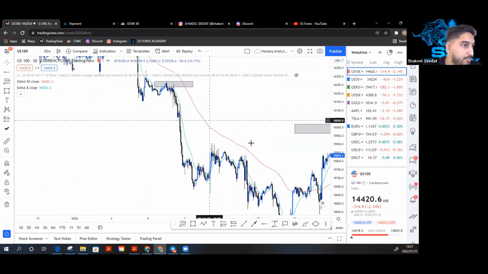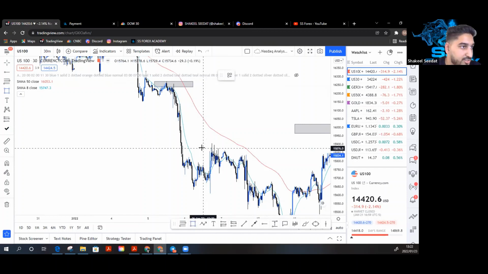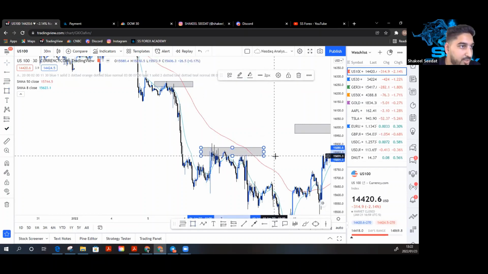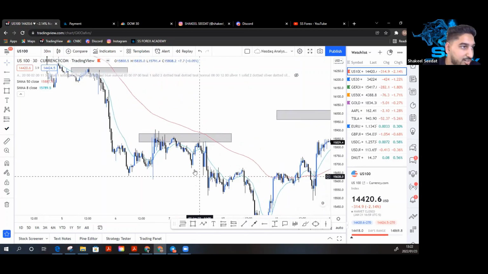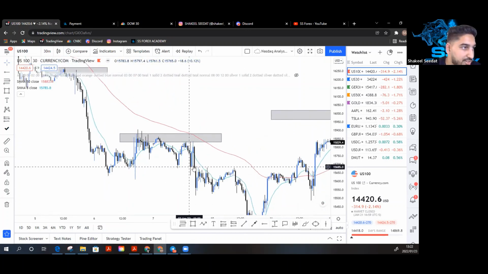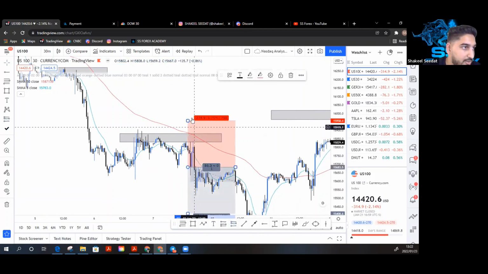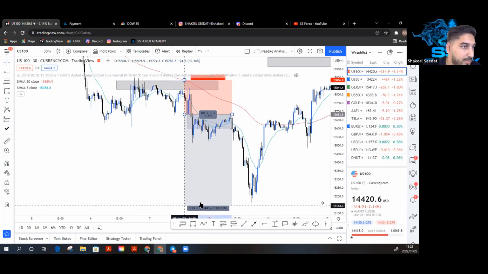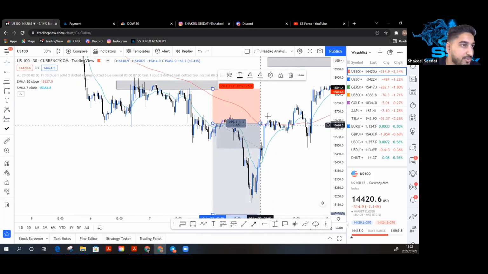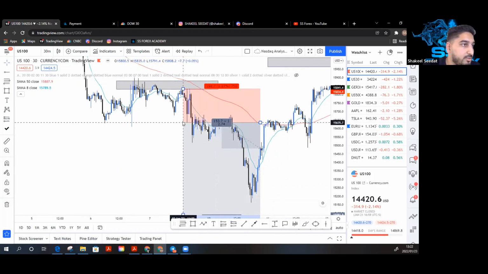The turn happens there, so you use your resistance area, that's up there. Price rejects 1 time, 2 times, 3 times, and you've got the candlestick close below, which is here. So once you've got this candlestick close below, you enter the sell there, plus there, and bang, that played out beautifully.